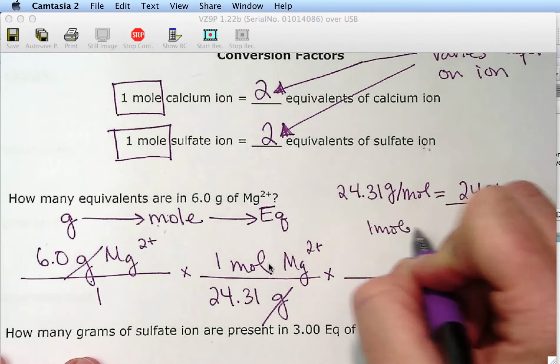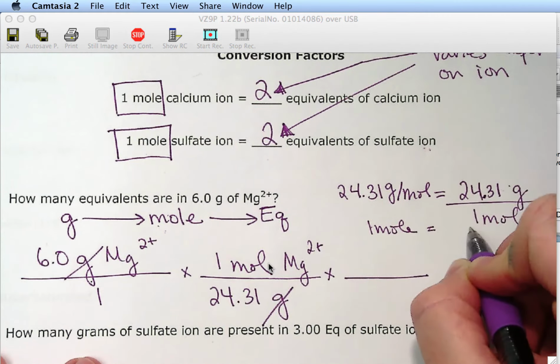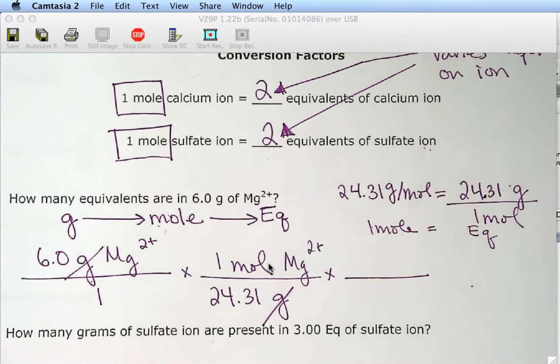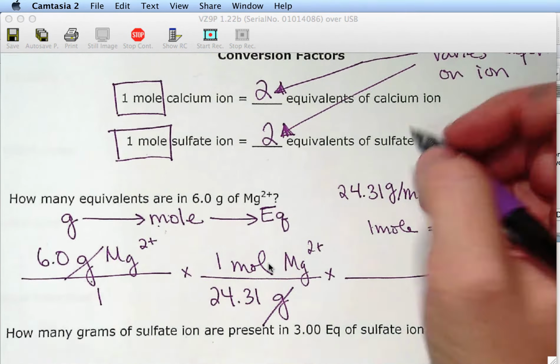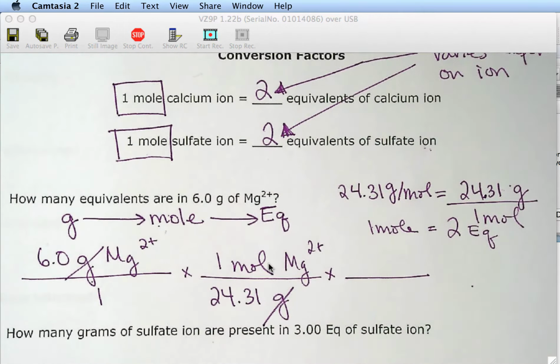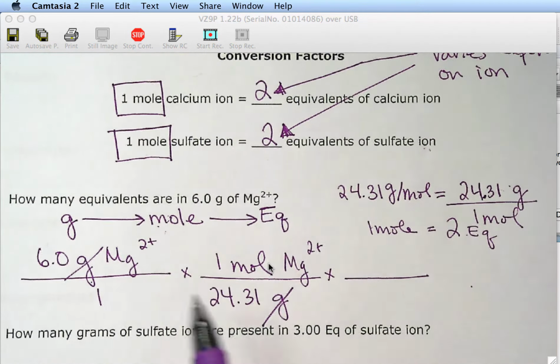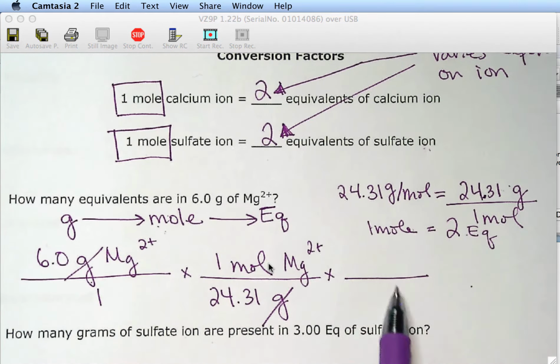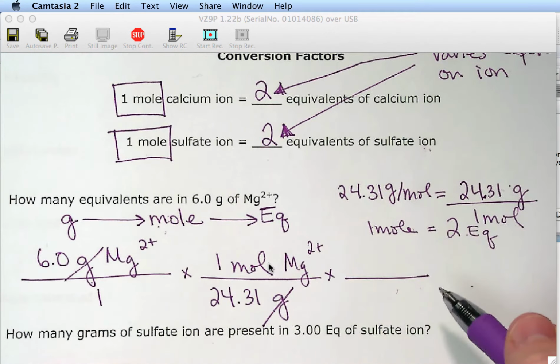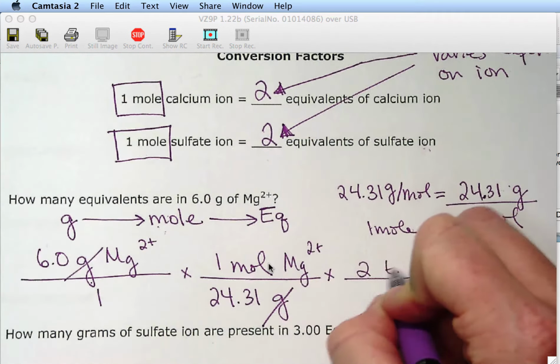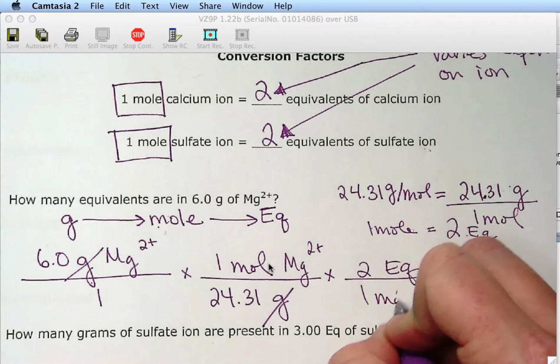So 1 mole is equal to how many equivalents for calcium? 2. So how would I convert from moles to equivalents? What needs to be in the denominator? 2 over 1, yes. 2 equivalents over 1 mole.